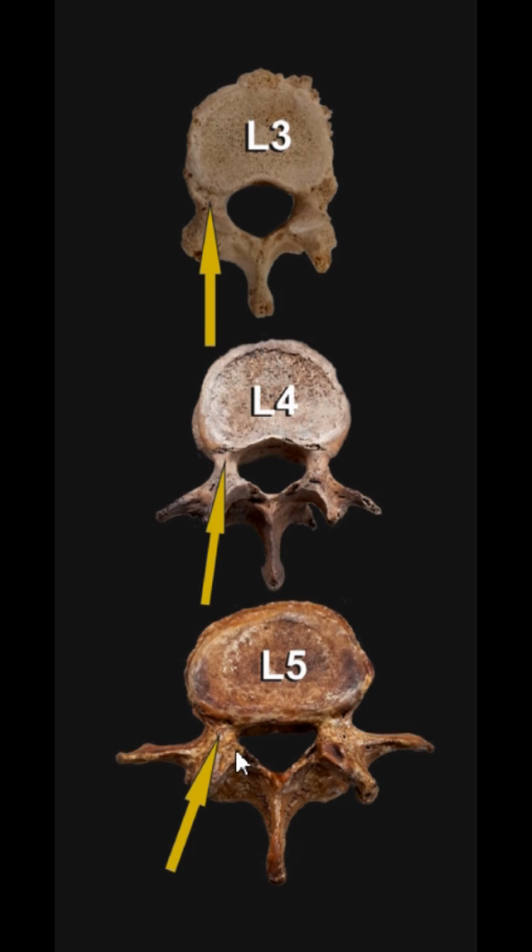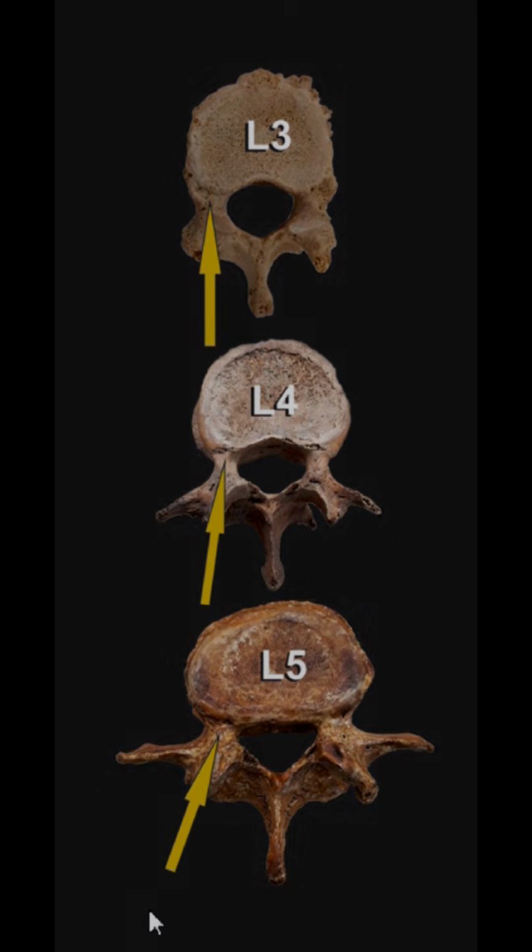You can see at different levels, the angles are different. At L5 it is more, L4 it is a little less, L3 it is more or less. So you can imagine what will be there at L1, L2. This will help you to understand the real anatomy to support the subpedicular approach, needle placement and angulation of the C-arm to reach the perfect target.